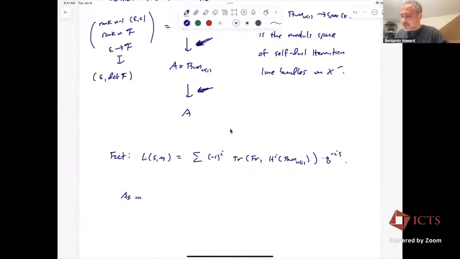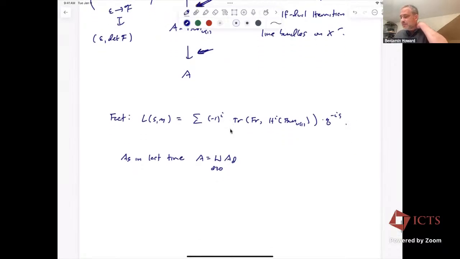As in last time, there's some decomposition of A into some A_D's, and there is an open dense regular semi-simple locus. Each one had a regular semi-simple locus.